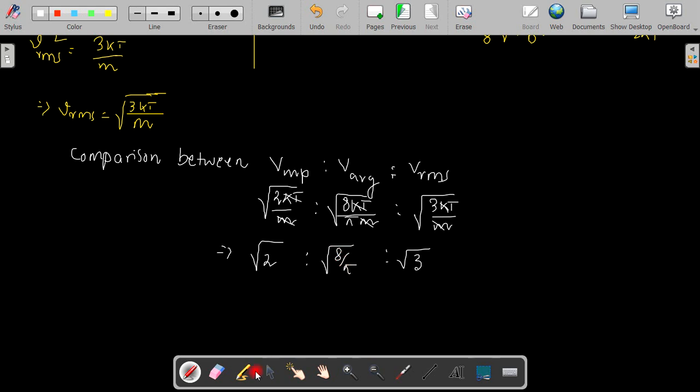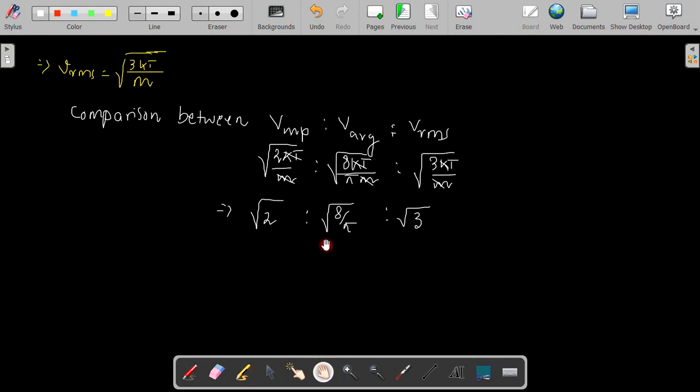You divide it and you can check the calculation and the results, and based on this what we can say is that the most probable speed is the least value, and the average would be somewhere in the middle. Let me write it down as V mean, and the maximum value would be for RMS.